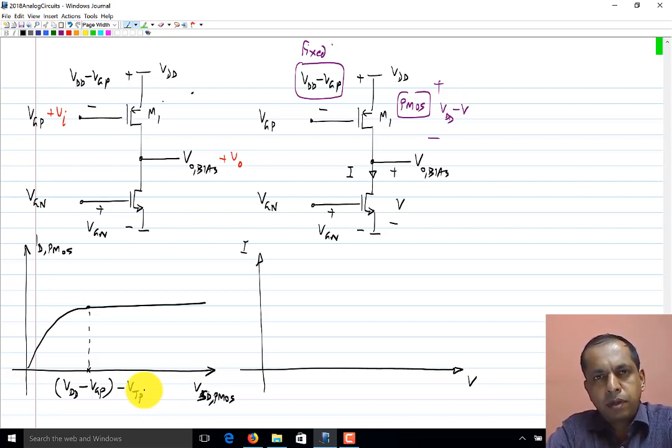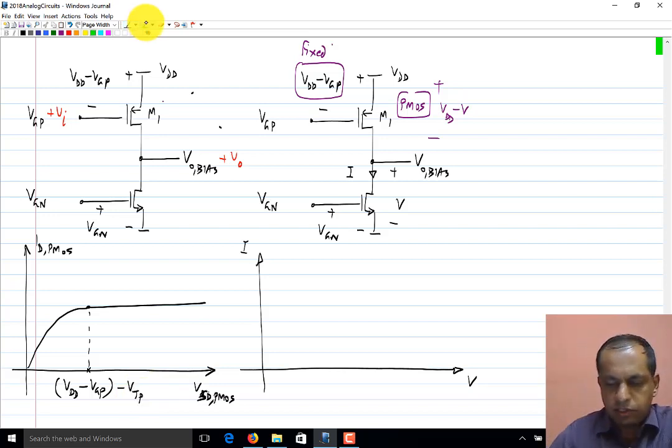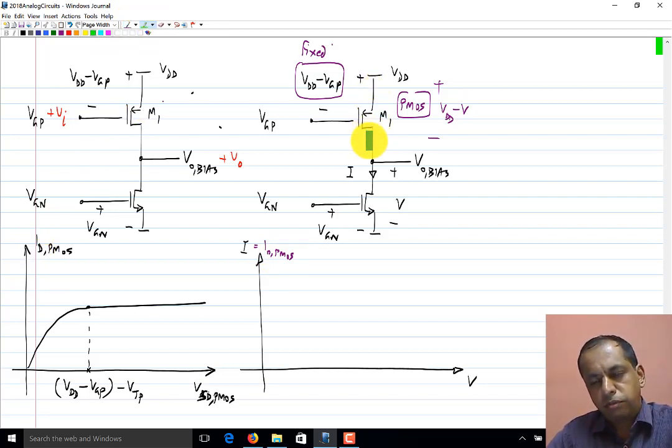Okay. Now how do I draw it on this IV axis? This I is nothing but ID of the PMOS transistor. We know that by convention we take the current of the PMOS transistor coming out of the drain.